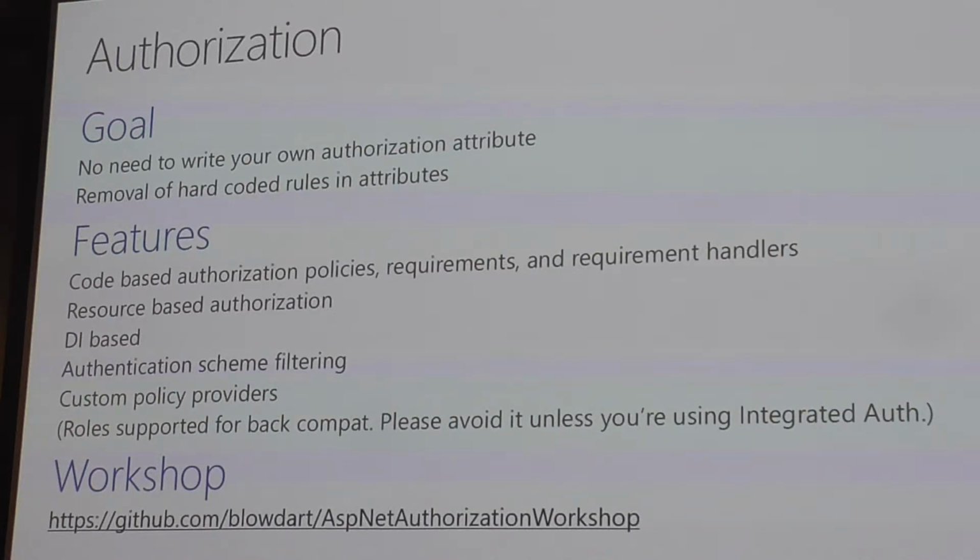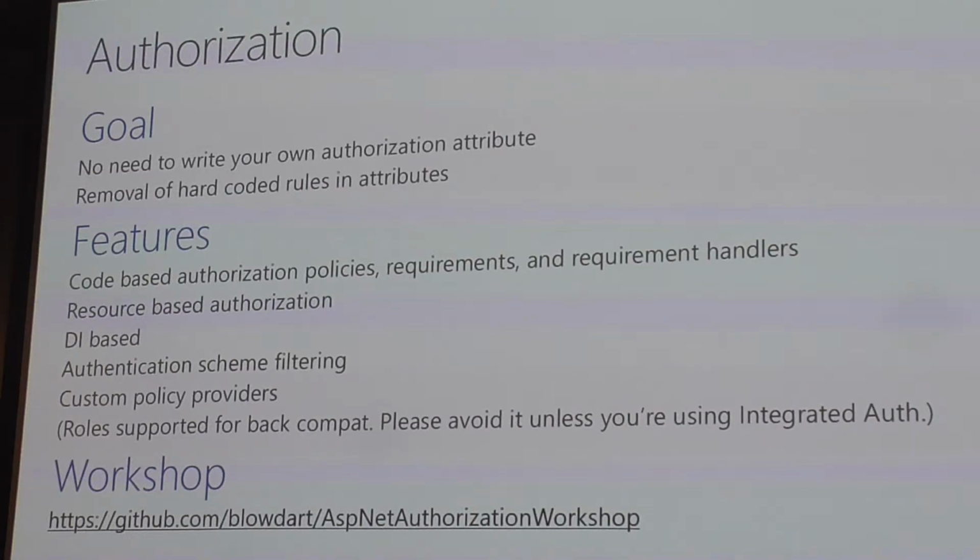We've also added resource-based authorization, so if you were trying to build a better SharePoint, which is a good idea, or perhaps not hard, you can base your authorization not only on the current identity, but on the resource that someone is trying to access.